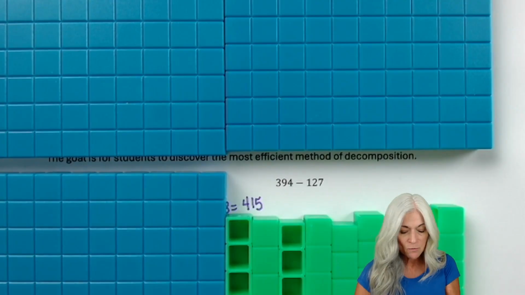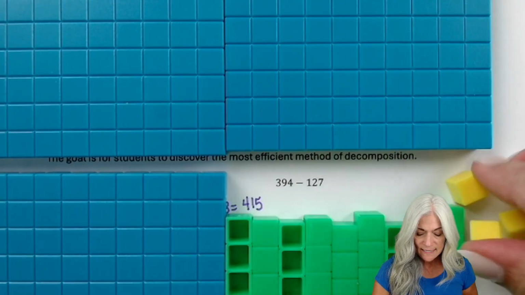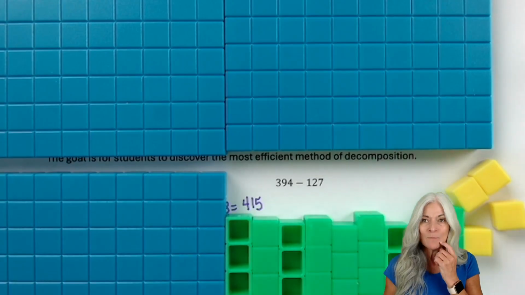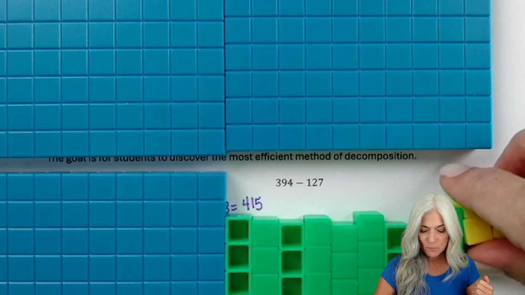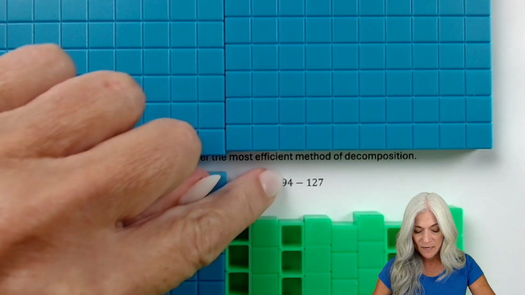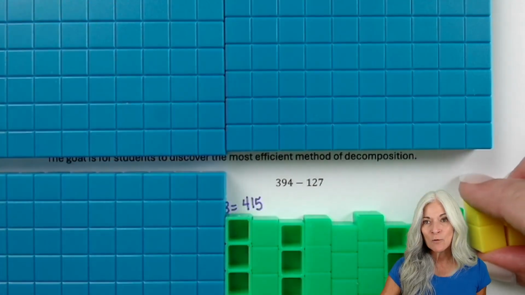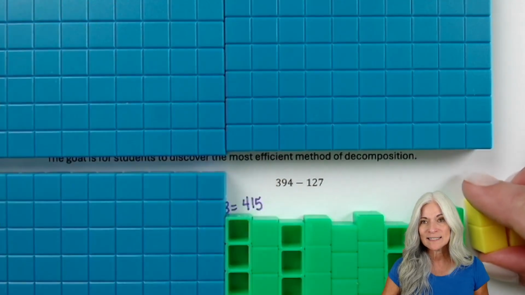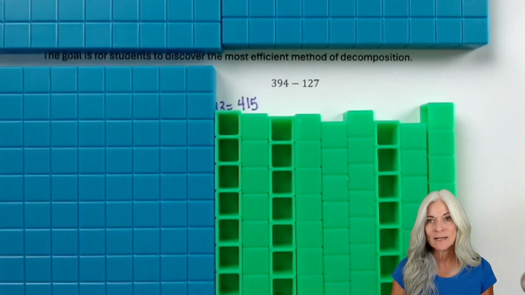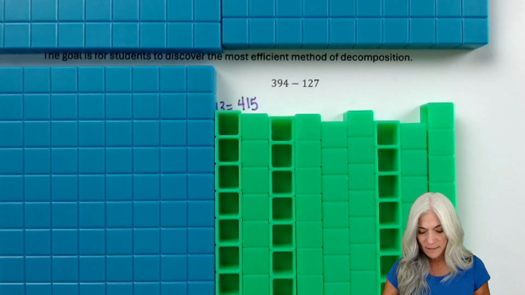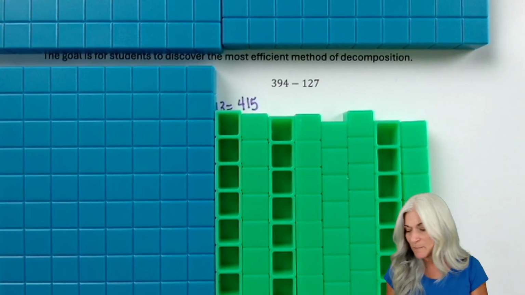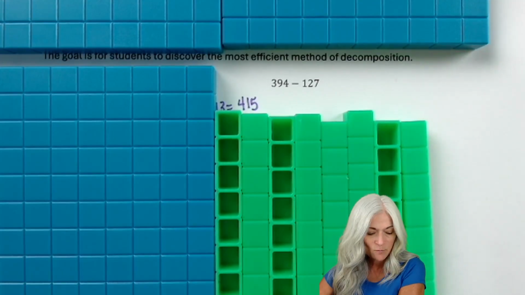Okay, so then we can visually see, okay, well, maybe I'm going to start by taking away 4 ones, because I am taking away 127. I only have 4 ones. I need to take away 7 ones. So what could I do? Well, I take away 4. Well, then I can trade out one of my 10s for 10 ones.